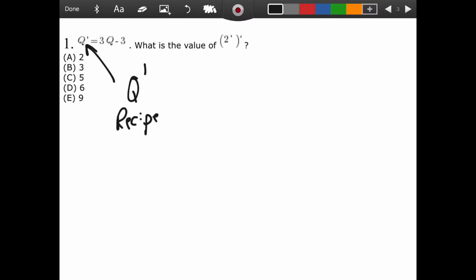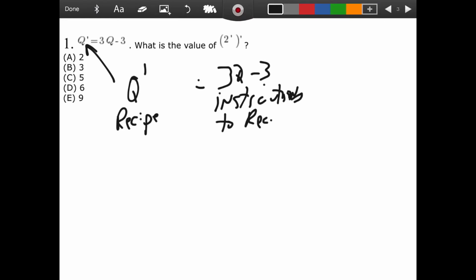And then the right side of the equation, which is this 3Q minus 3, are the instructions to that recipe. So whenever we see Q prime, we are doing basically the function 3Q minus 3.